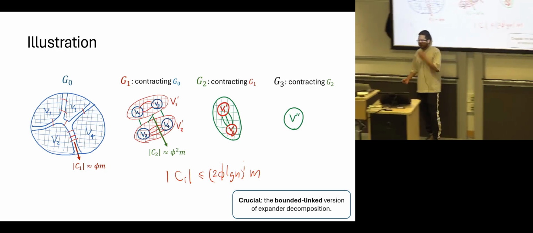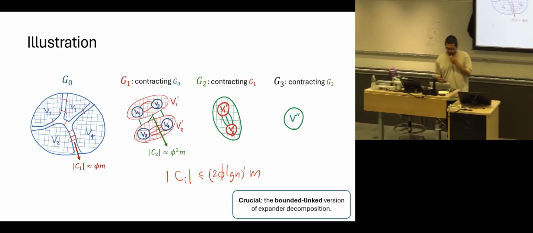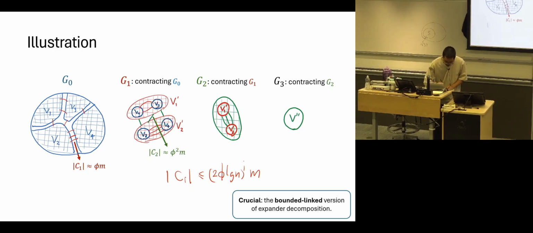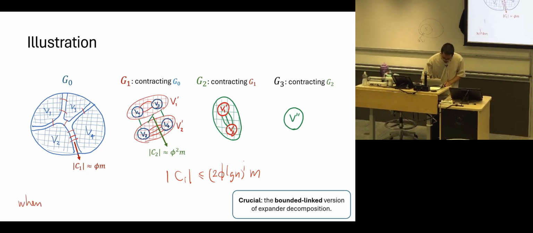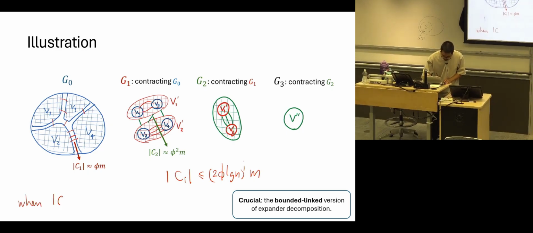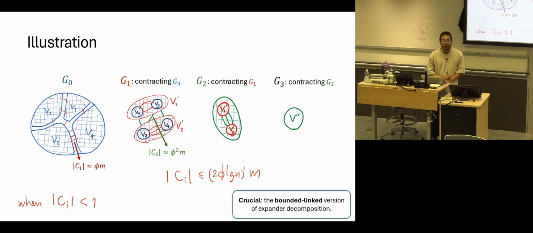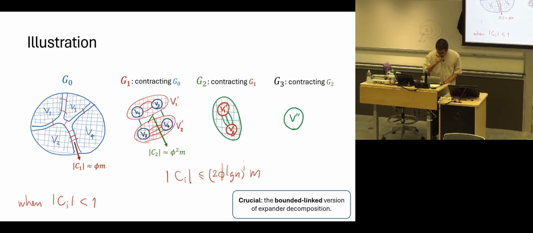Okay. So now, when is it the case that C_i is less than 1? For which value of i is this less than 1?